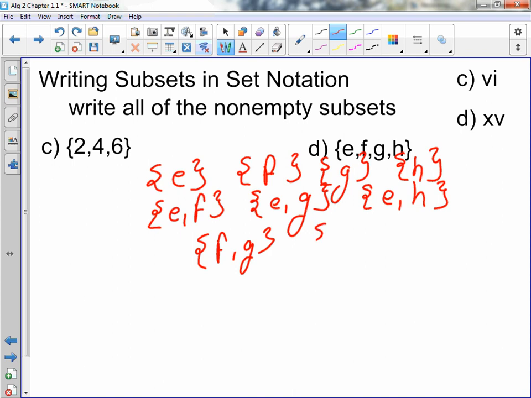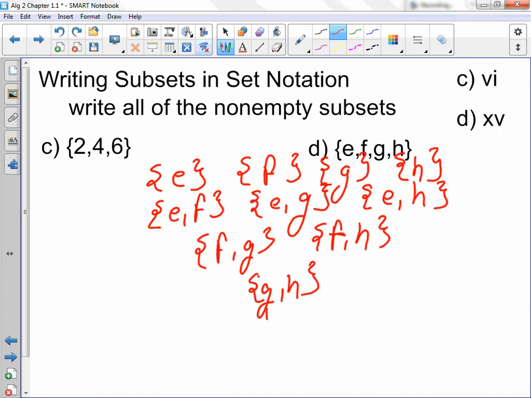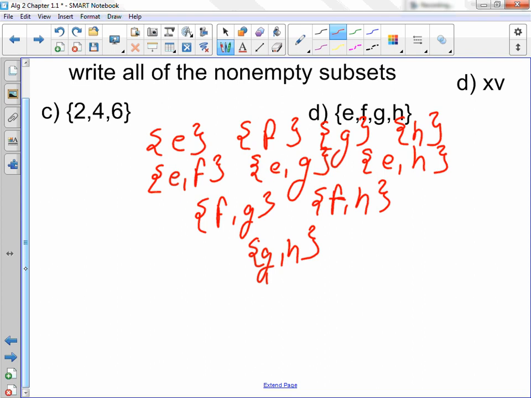And then what would we have? F. Are we done with F? Yep. And then we have GH. So these are the kind of subsets we've had up to this point, yes? What's the next one we could have? EFG. And then what?